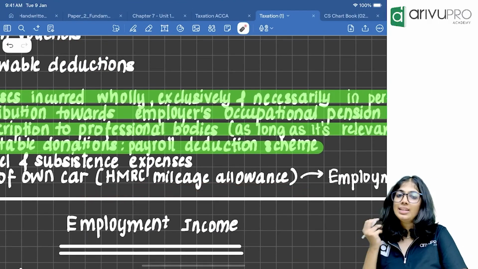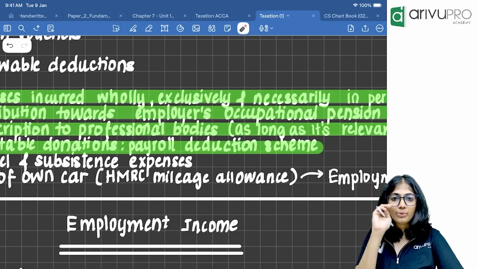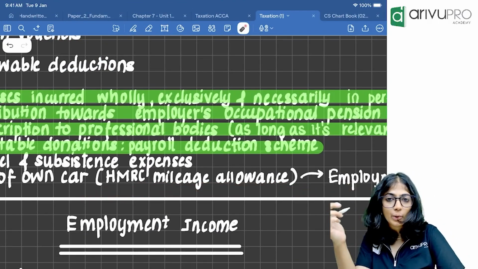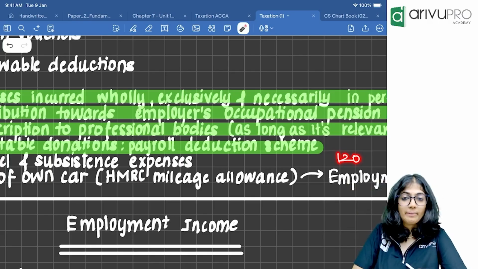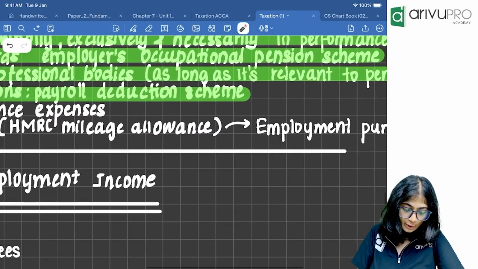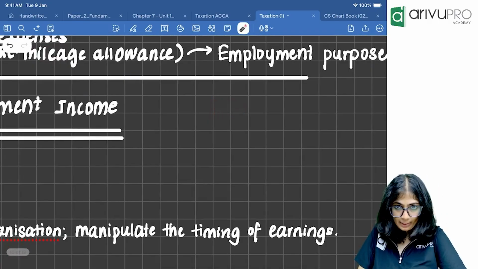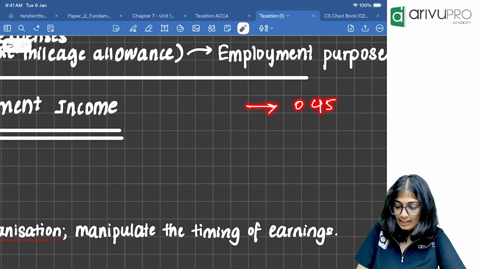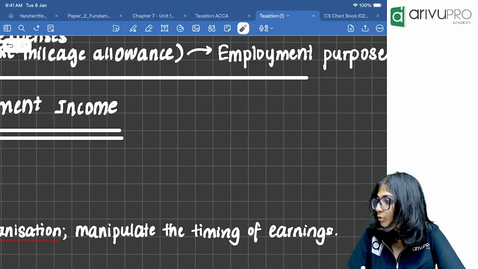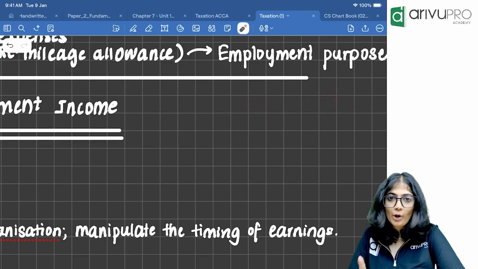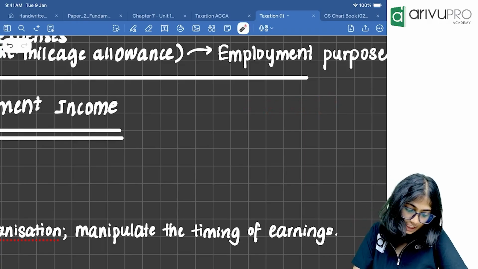For example, the client place, wherever you're going, was 120 miles away. Then you have to use HMRC's mileage allowance: 120 miles multiplied by 0.45. We already looked at that. What is HMRC's mileage allowance?